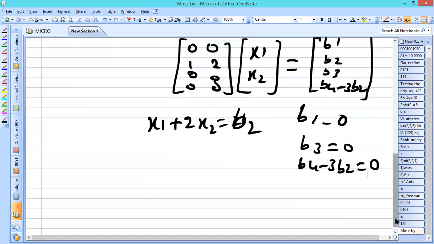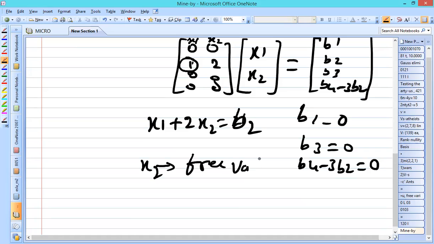Now you can see that the pivot is present in the second row. So here x1 will be a dependent variable, whereas x2 is a free variable. You need to identify that, otherwise you will not be able to write the solution.